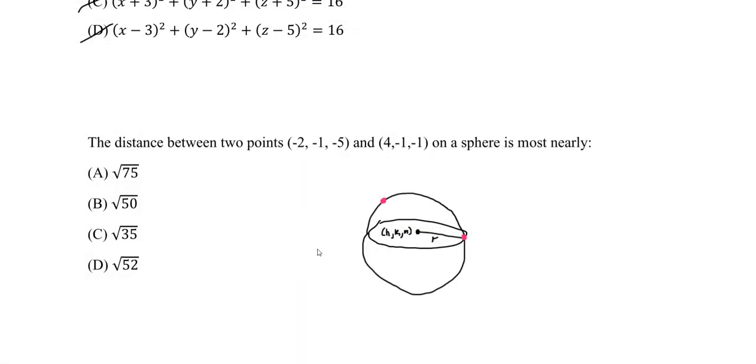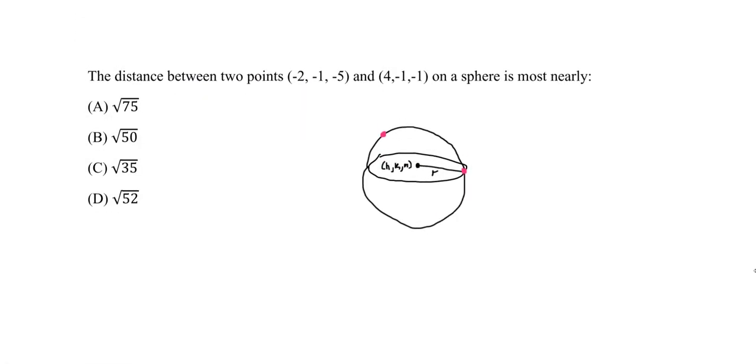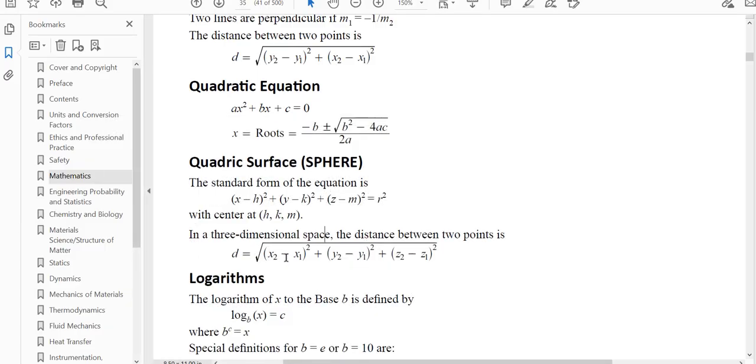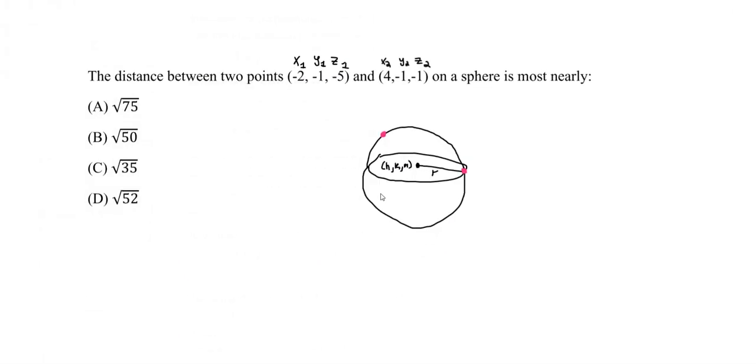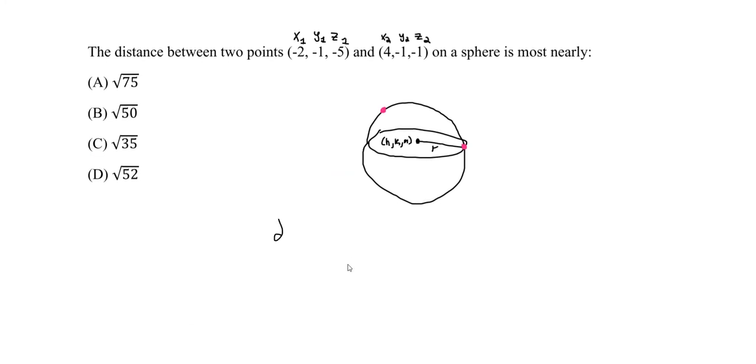So if we go back, we can denote that our first point is going to be this point. So this is going to be our x1, y1, z1. This is our second point. So this is x2, y2, z2. And the total distance, again, we use this. We take the square root of x2 minus x1 squared plus y2 minus y1 squared plus z2 minus z1 squared. So the total distance equals the square root.